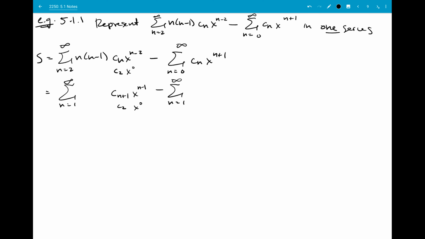And then for this n times n minus 1, let's think about the two parts separately. This would have been 2 times 2 minus 1, which is 2 times 1. So if I'm starting from n equals 1, then if I plug in n, that's going to give me that 1. And if I plug in n plus 1, that's going to give me 2. 1 plus 1 is 2.